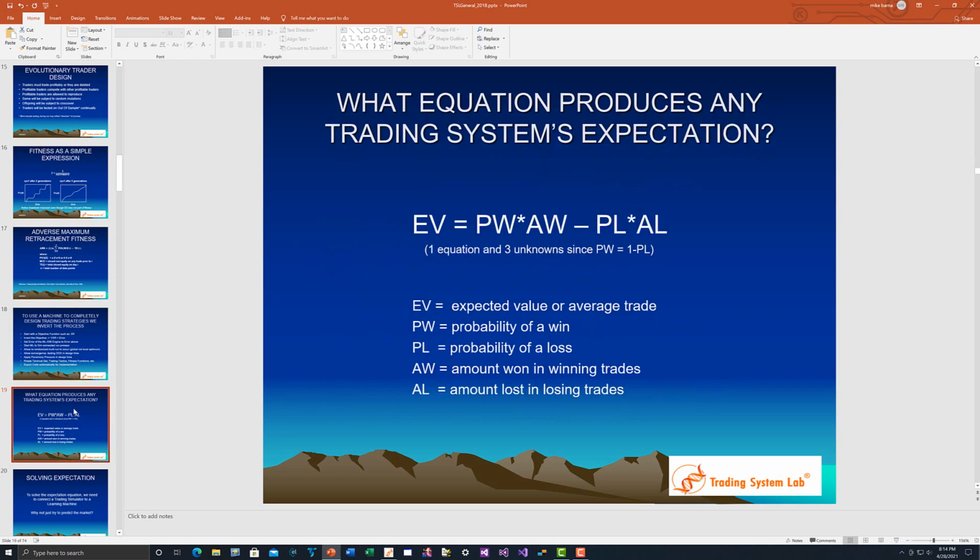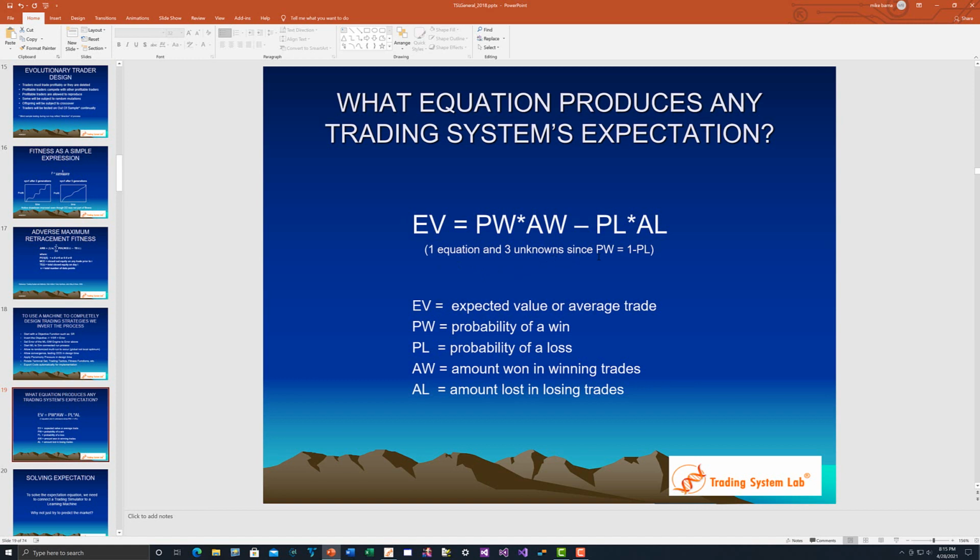So I've been talking about expectation a lot, and it's important because we need to solve the expectation equation to know how well our trading system is doing. And here's the basic representation of the expectation equation. The expected value or the average trade of the trading system, in other words, net profit divided by number of trades, equals the probability of a win times the amount won minus the probability of a loss times the amount lost.